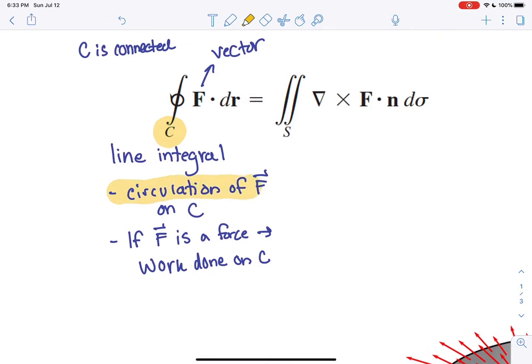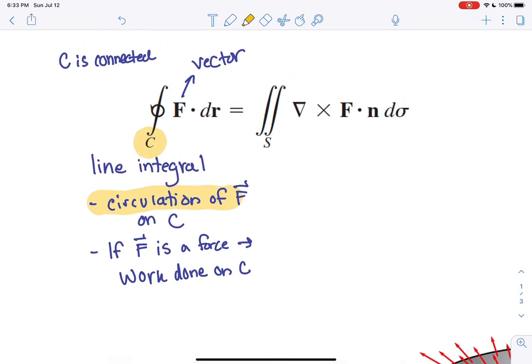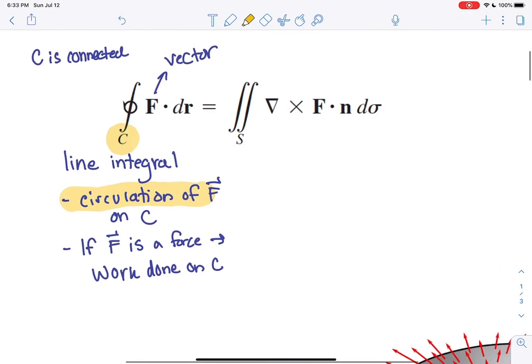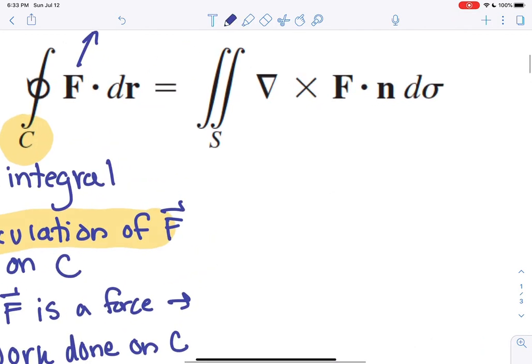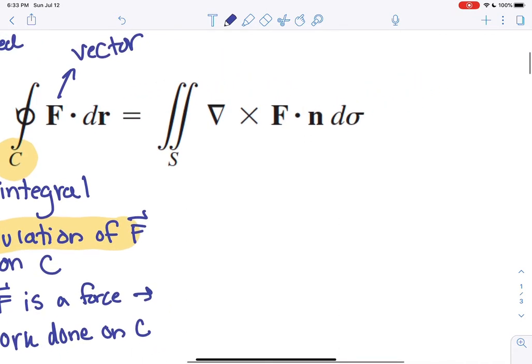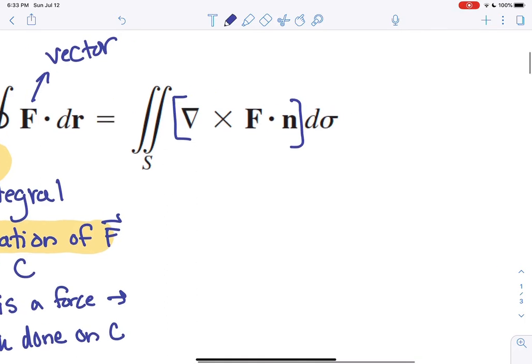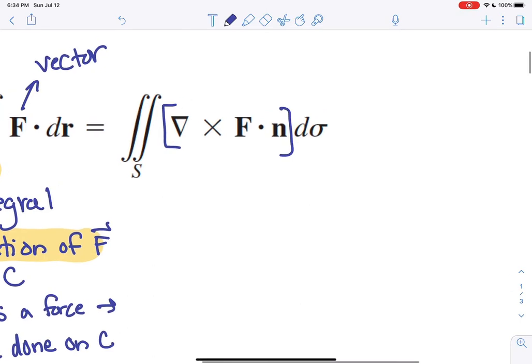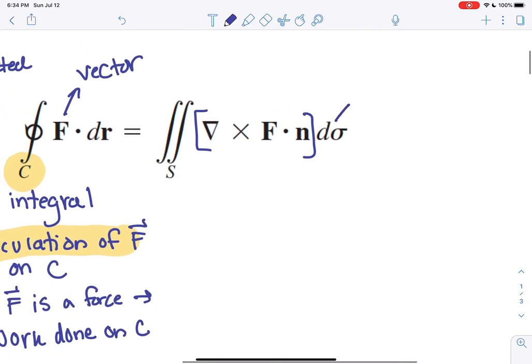What Stokes' theorem says is that the line integral of a vector field over a simply connected curve is equal to the surface integral, so an integral over a surface, which we just looked at, of this integrand, d sigma. This is just the surface integral operator, so d sigma is the surface differential, just across the surface.